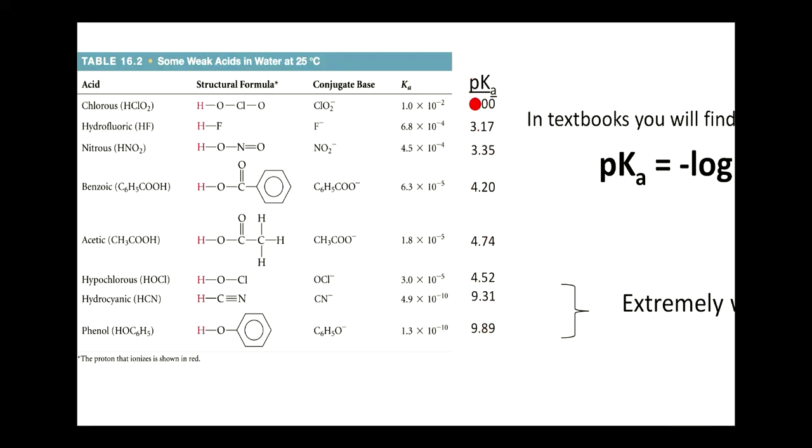That is represented by the whole number in that pKa value, where a pKa of 2 is actually a fairly large Ka value versus a pKa of like 9.9. That's a very, very small Ka value.